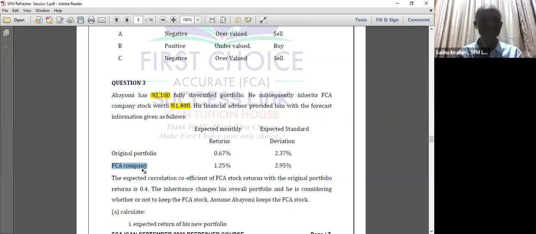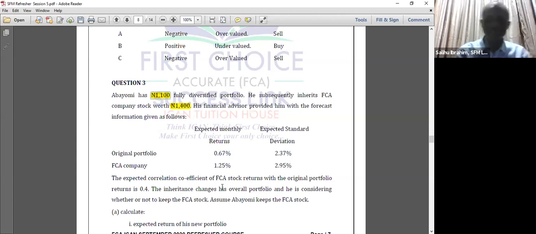For me to get the expected return of my new portfolio, I will have to look for the proportion of my original portfolio to the total portfolio, including the new stock, and the proportion of the new stock to the total portfolio, including that same new stock. That is what will give me the weight.